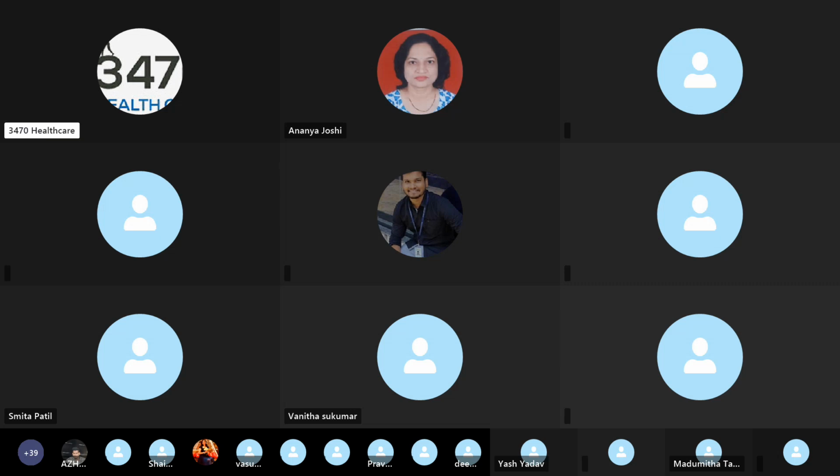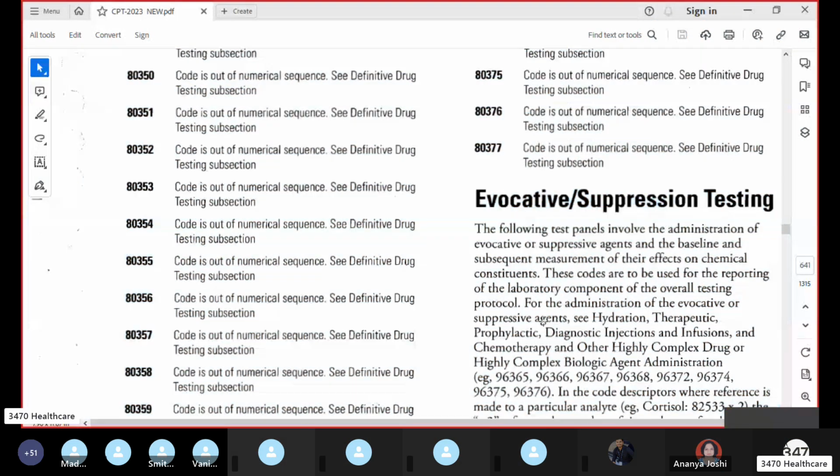Everyone take page number 609. The header is evocative and suppression testing. The first 3 lines, please write everyone: the following test panels involve the administration of evocative or suppressive agents and the baseline and subsequent measurements of their effects on clinical constituents.